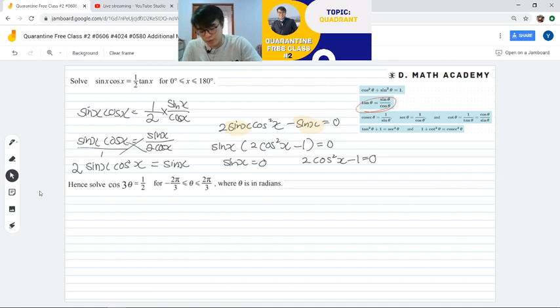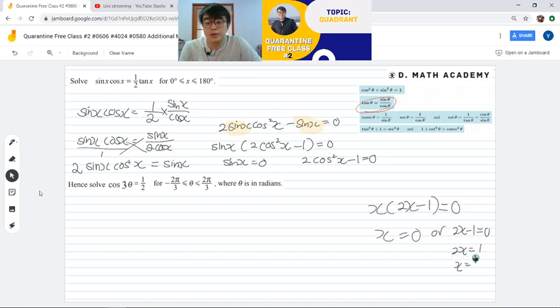So for example, we have this one over here. Okay, we will split this question into x equals to 0 or 2x minus 1 equals to 0.